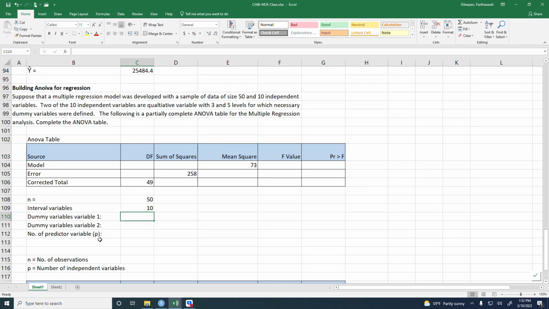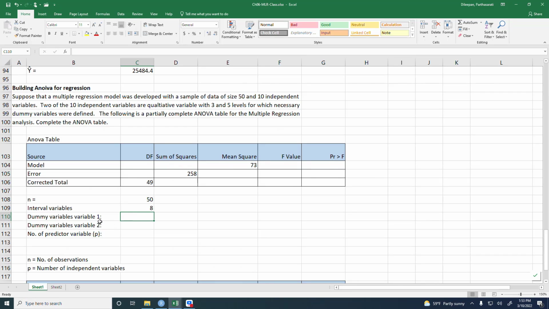So out of 10, 2 of them are character variables. So there are only 8 interval variables. So 10 are the total number of variables, out of which 2 are factor variables, or character variables, categorical variables. Okay. So there are only 8 interval variables.